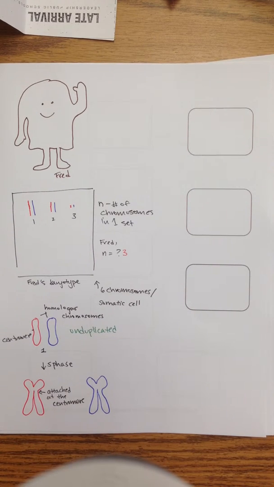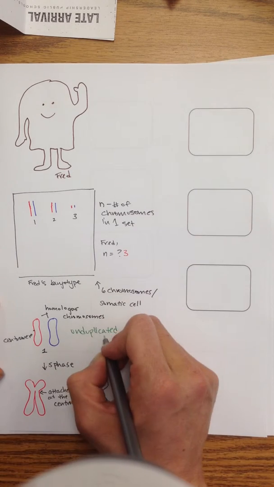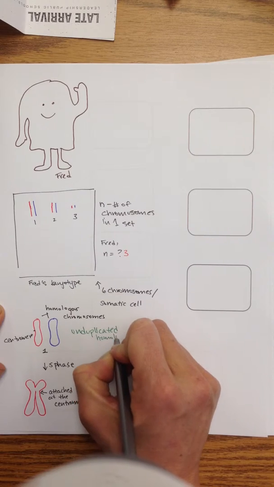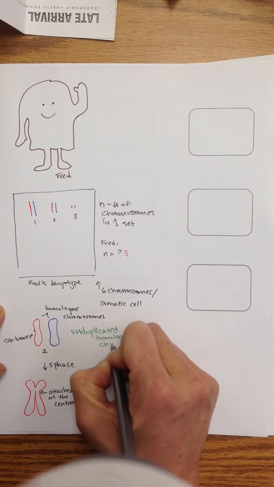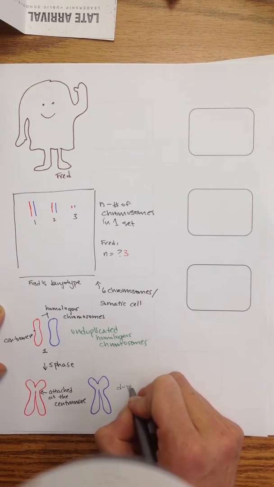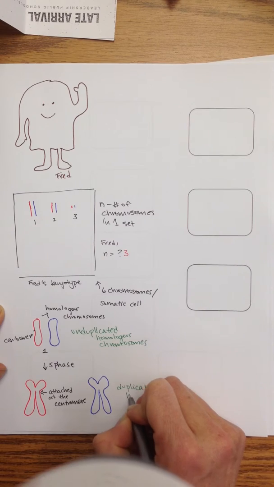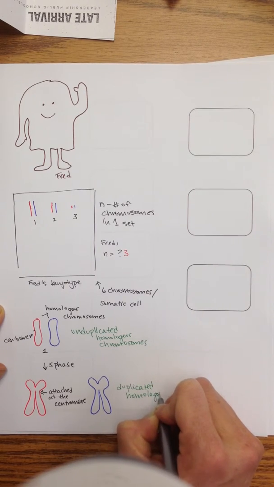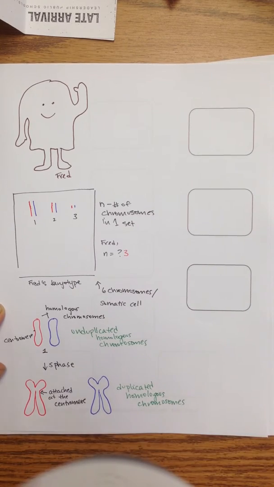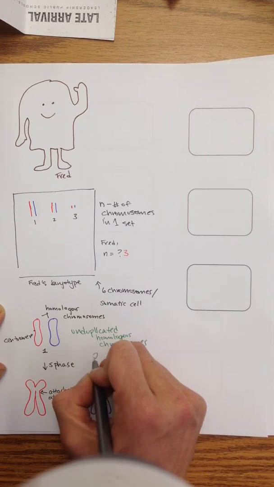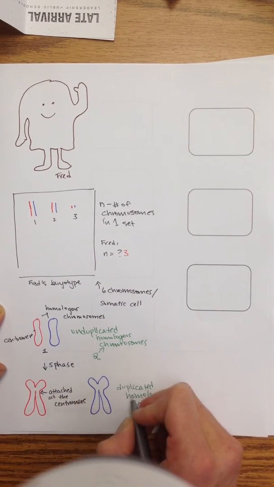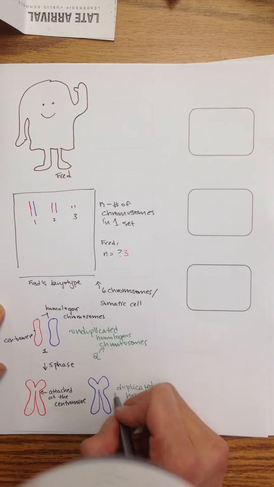I now have a duplicated copy. So what we say is these are unduplicated homologous chromosomes. And these are duplicated homologous chromosomes. I still have 2 chromosomes here. I have 2 chromosomes here. The difference is these are unduplicated, these are duplicated.